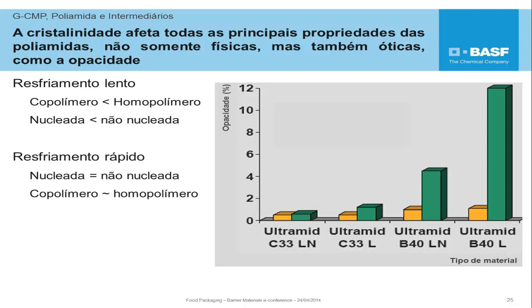In the case of slow cooling, notice that both copolymers have much better optical properties than the homopolymer, therefore the opacity is less than the homo, as you can note in the chart. Both copolymers, C33L nucleated and C33L non-nucleated, have less opacity than the B40L nucleated and B40L.